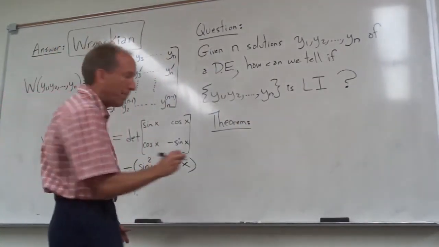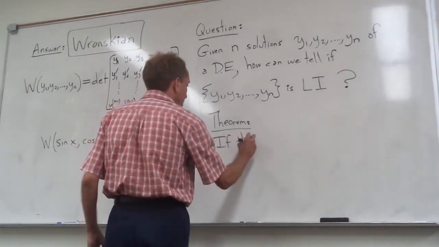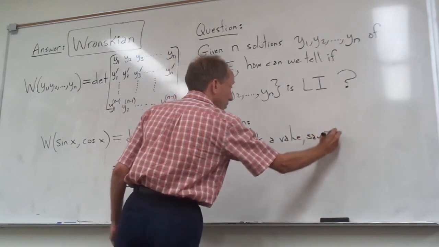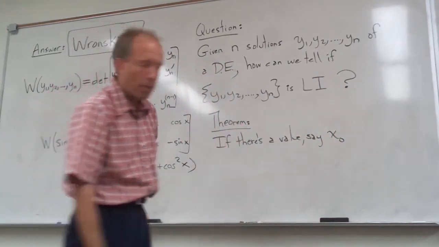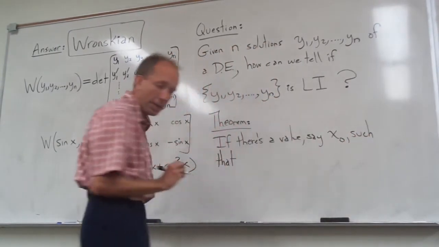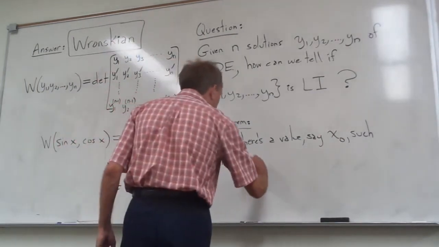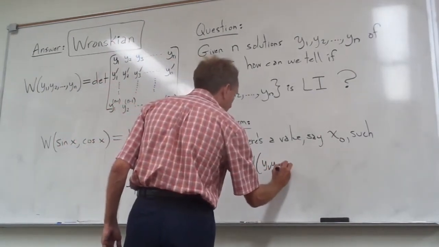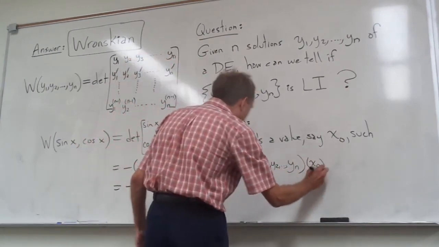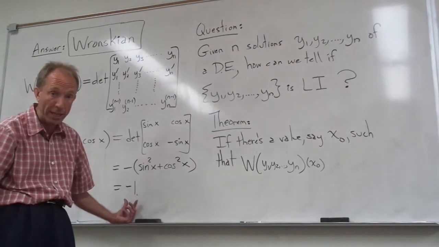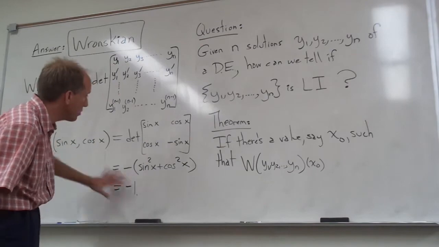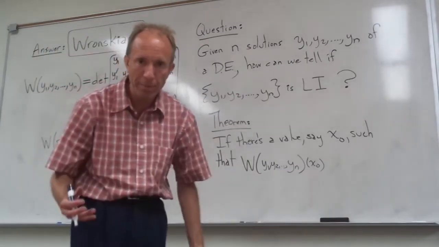What it says is, if there is a value, let's say x naught, such that when you plug x naught into the Wronskian, so you take your n functions, calculate the Wronskian, and then plug in x naught. Now here, it doesn't matter what number you plug in, you always get negative 1 as an output. But sometimes these Wronskians will come out with x's in them.